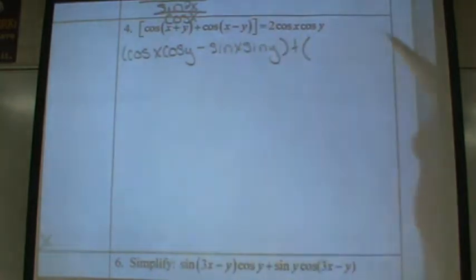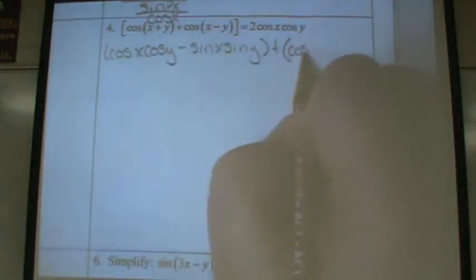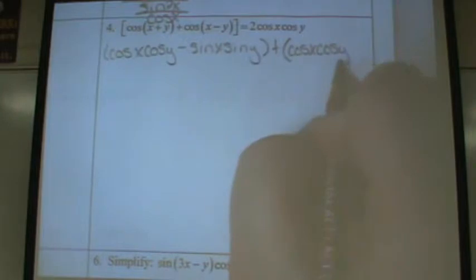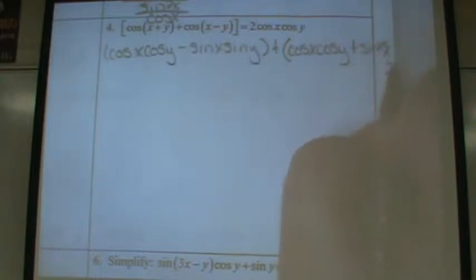Then we're adding that to the cosine subtraction, which is exactly the same except we switch the sign. So we have cosine x cosine y plus sine x sine y.